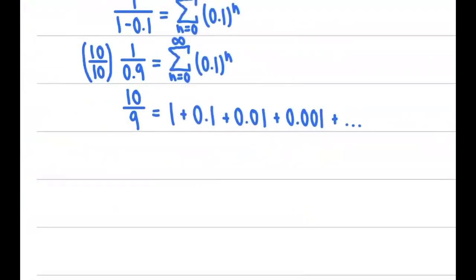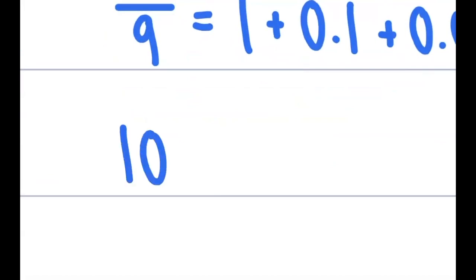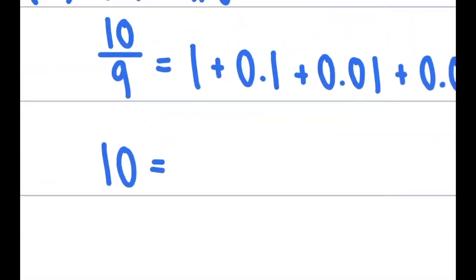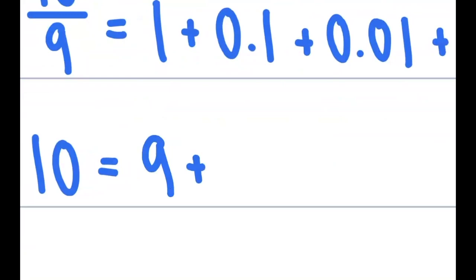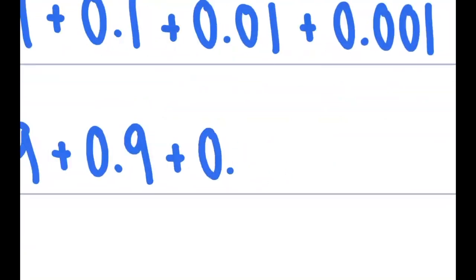Now I'm going to multiply both sides of this equation by 9. So 10 equals, and I distribute the 9 to these terms: 9 plus 0.9 plus 0.09 plus 0.009.